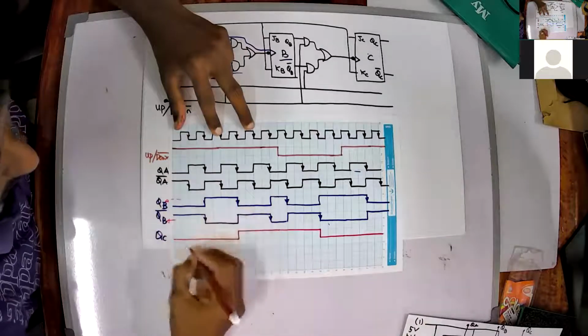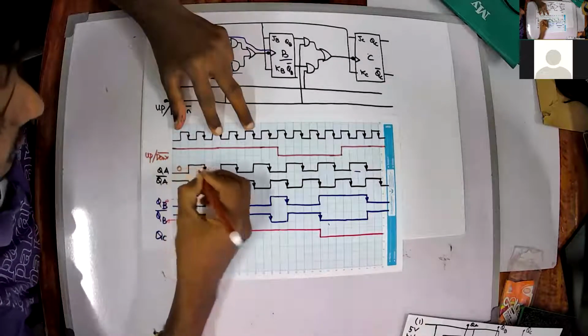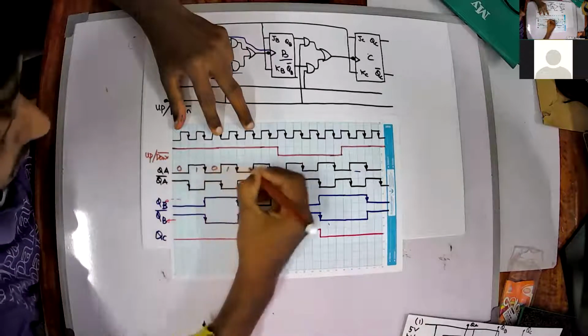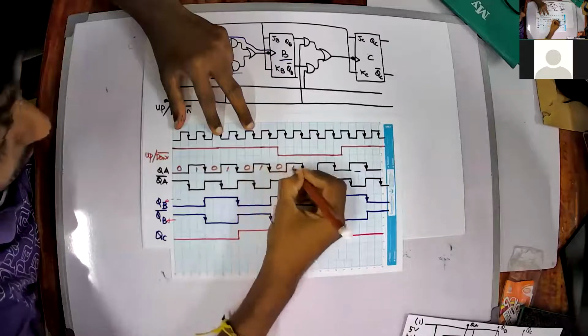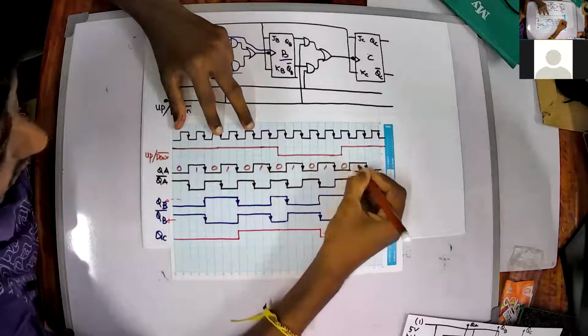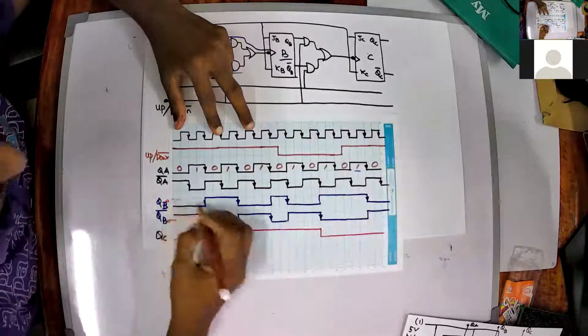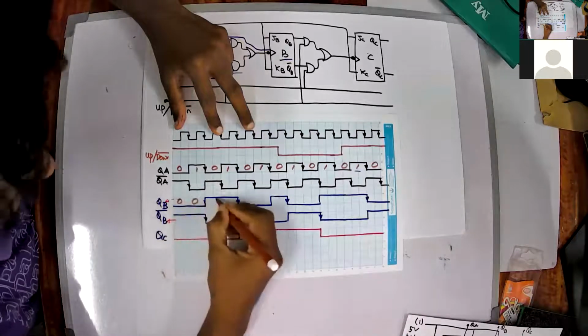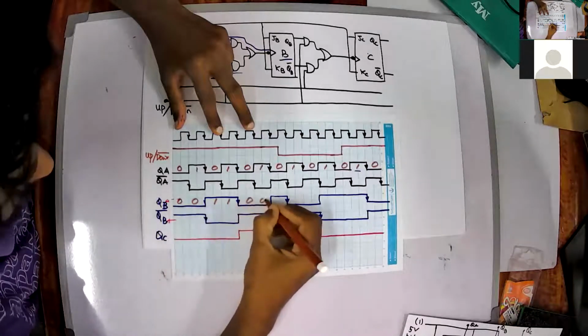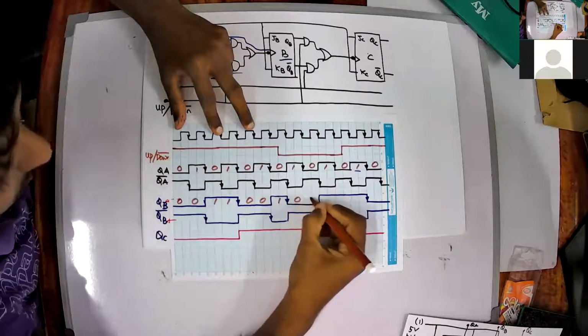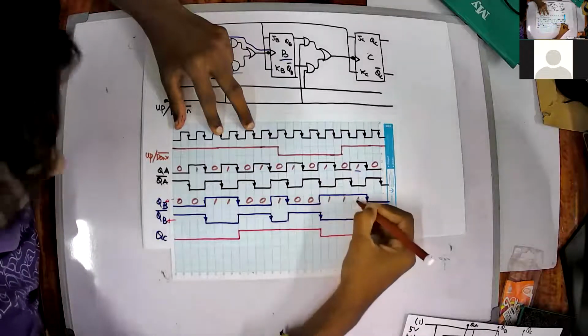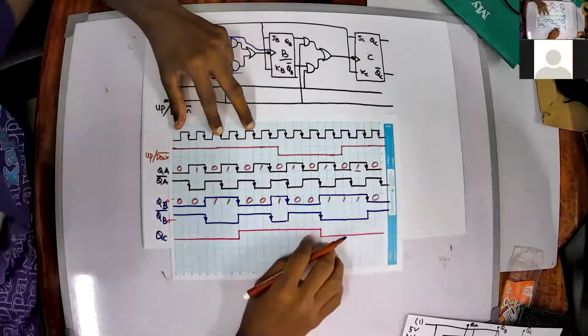So this is my QA. QA is 0 1 0 1 0 1 0 1 0 1 0 1 0. QB is 0 0 1 1 0 0 1 0 0 1 1 1 0. Clear.